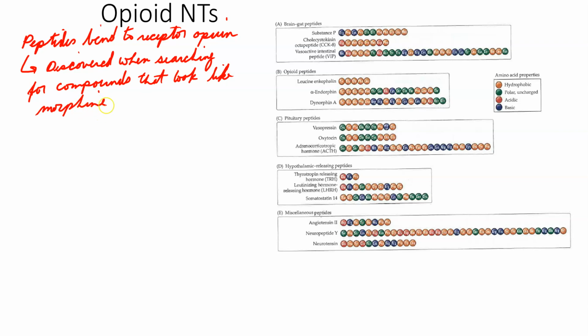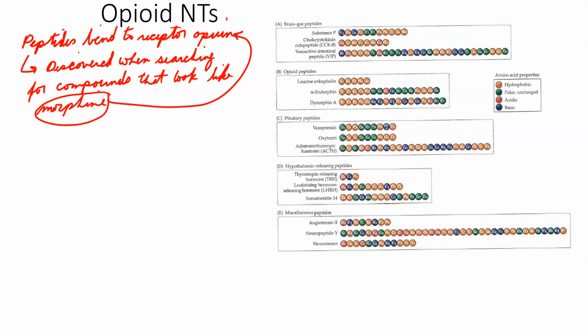Morphine is a plant alkaloid, basically this nitrogen-containing molecule that's the active ingredient in opium. It's the morphine that exists within opium that binds to this particular receptor, and we know it has a real strong analgesic effect, that it can reduce pain.